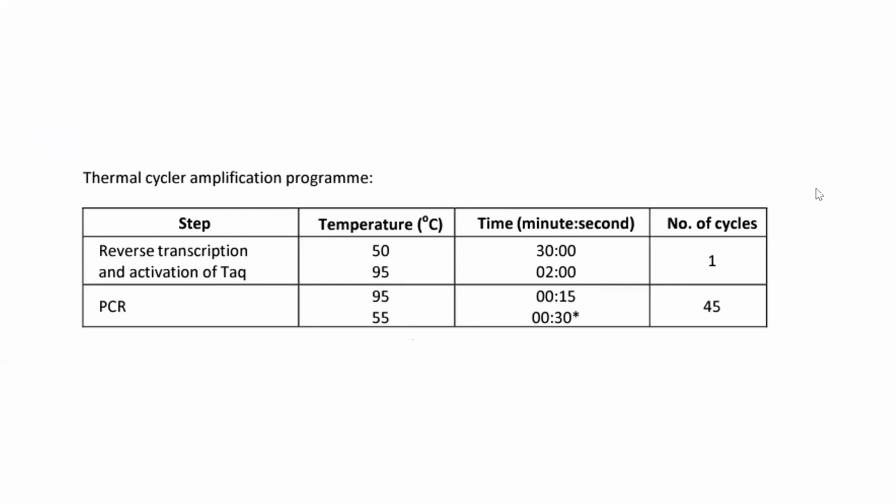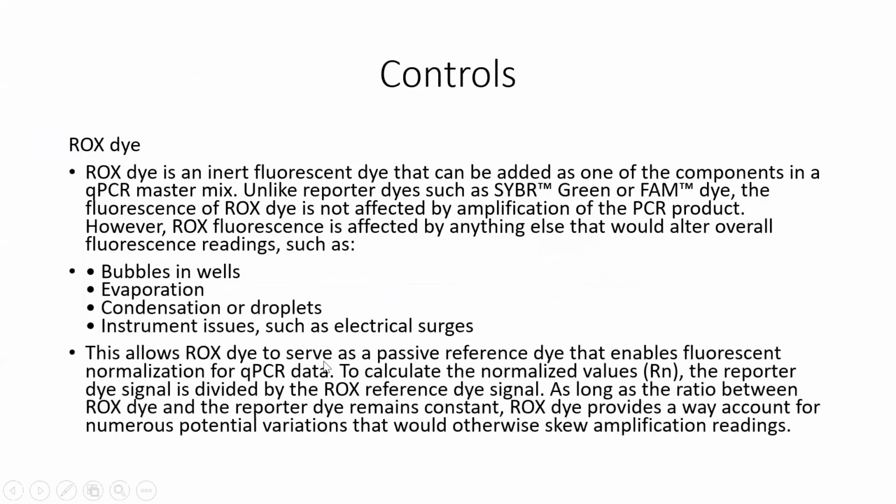What is also important here are the controls, which I would like to talk about. Each well, because it is a multiplex real-time PCR, will give us a fluorescence for the target detection. We have also added a dye, which is ROX.